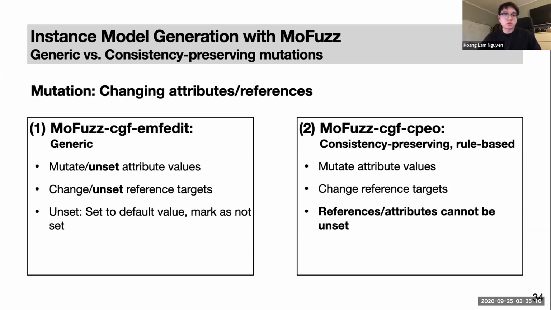When we change attributes or reference targets in models using generic mutations, we are able to change the values as well as to unset the actual value, meaning that it will be set to the default value and no longer considered as set by the model. On the other hand, if we use consistency preserving mutations, we are only able to change the values but not unset them, since they are modeled as mandatory neighbors.